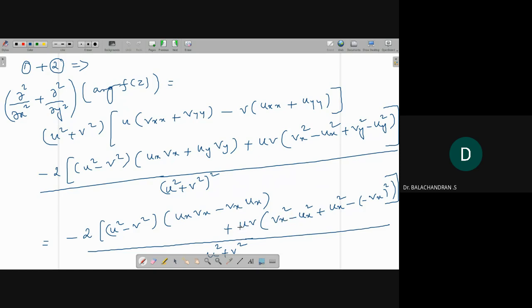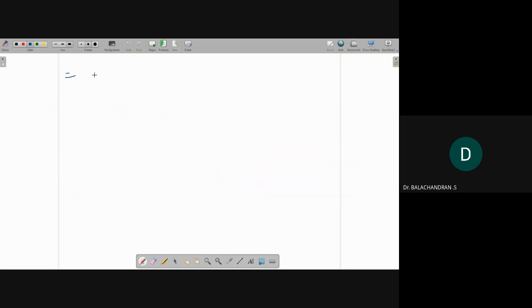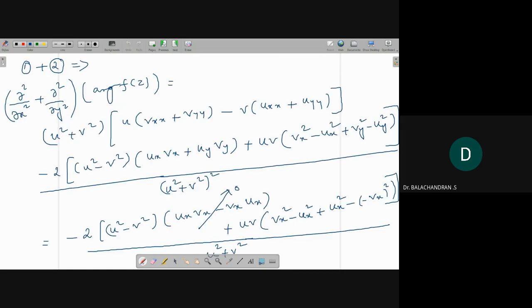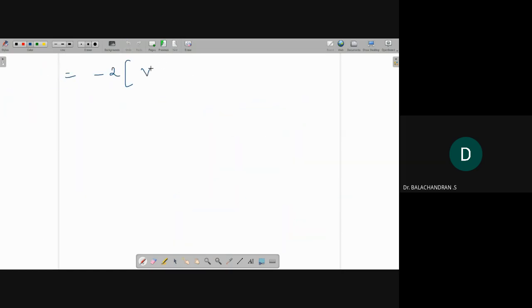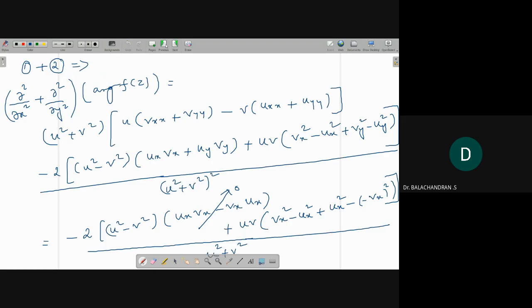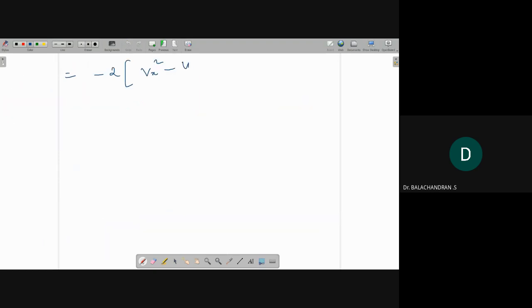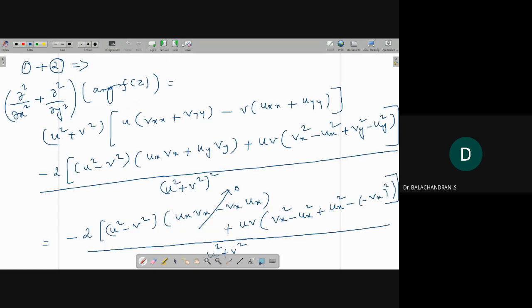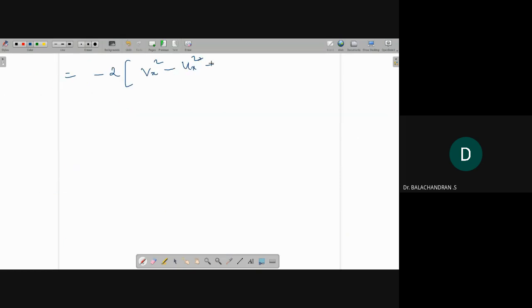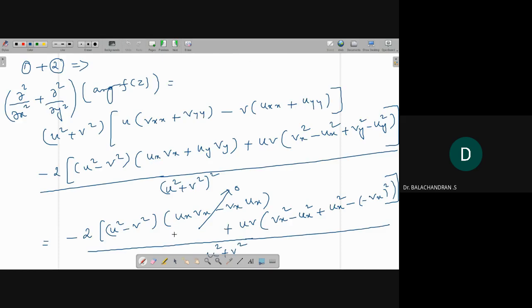I will write only this term, minus 2 into, this is 0, minus 2 into v x square minus u x square plus u x square minus v x square, whole divided by u square plus v square whole square.